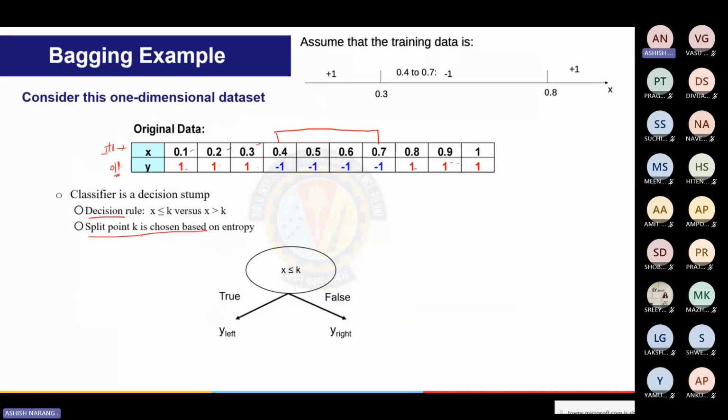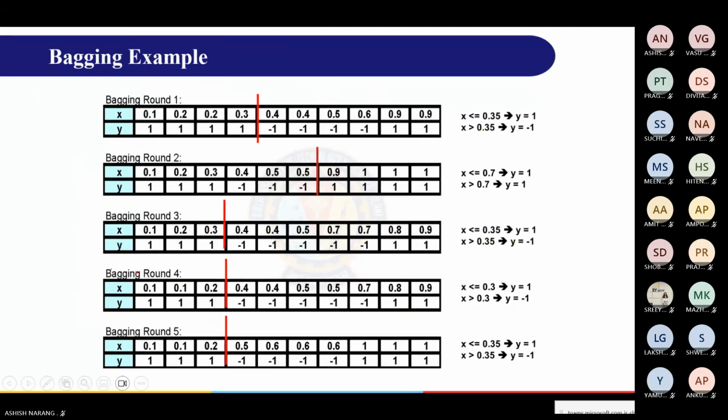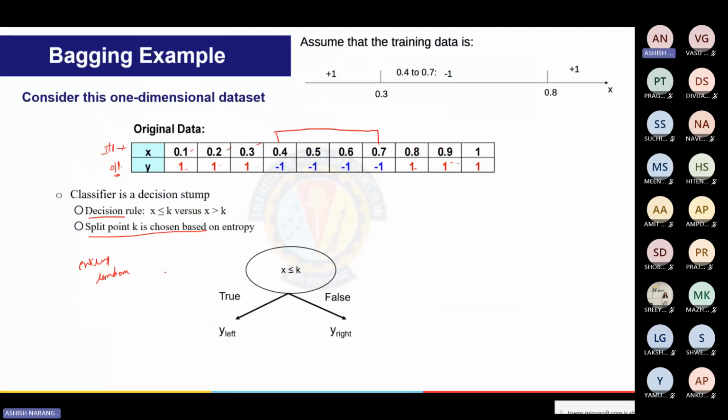We have already understood what entropy is. It's randomness.